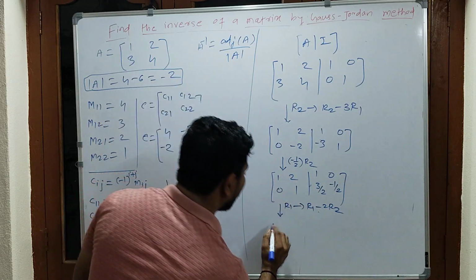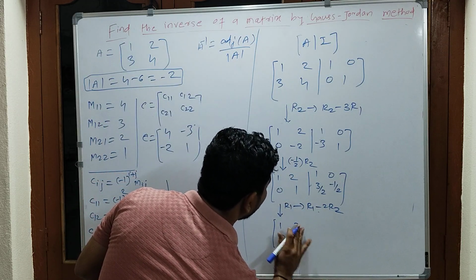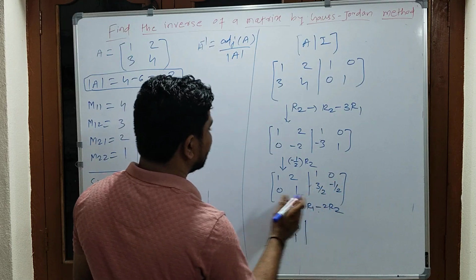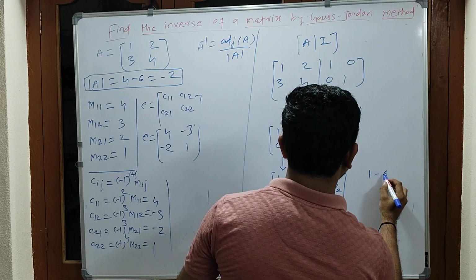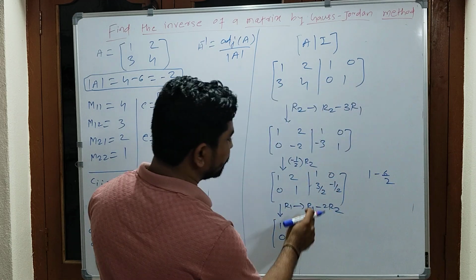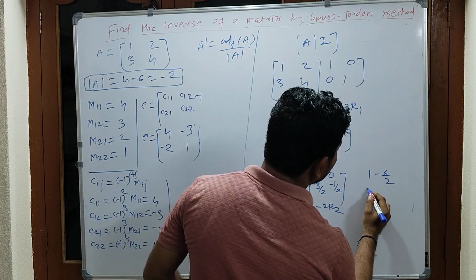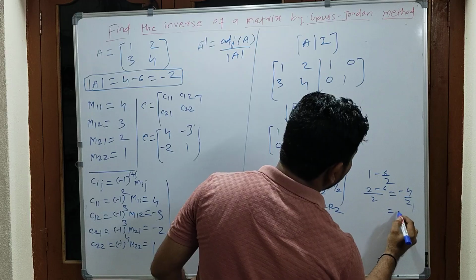So 2 minus 2 becomes 0. Here I get the matrix 1, 0, 0, 1 and here I am calculating 1 minus 6 by 2. This is 1 minus 6 by 2, that is 2 minus 6 by 2, this is minus 4 by 2, that is minus 2.